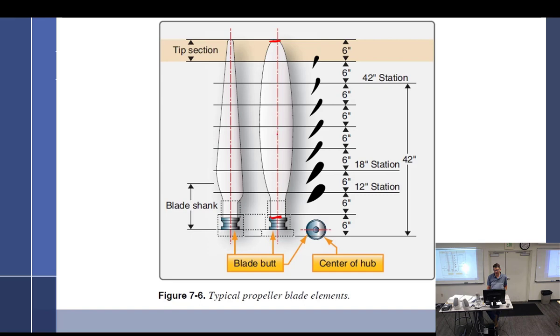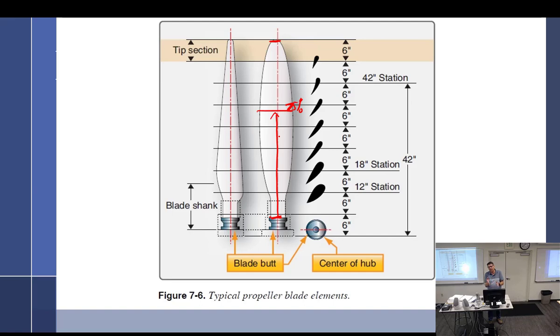So 75% this way. So take it right there. So that is the spot. And because that's the standard at 75%, when you see a propeller that gives you any information, like this is going to move forward 65 inches, that's at that station.